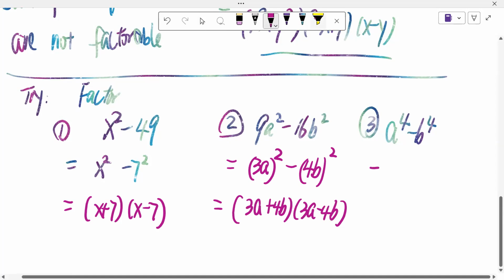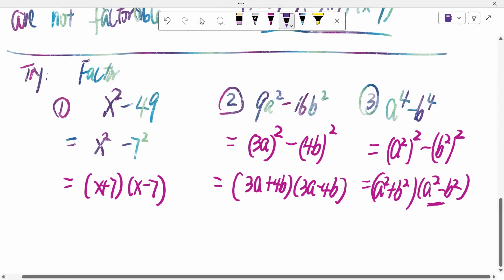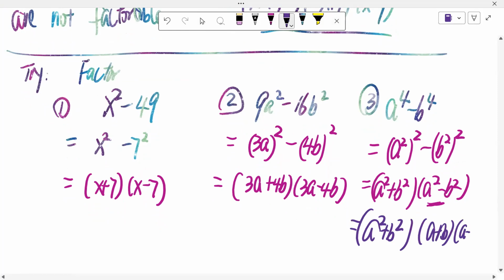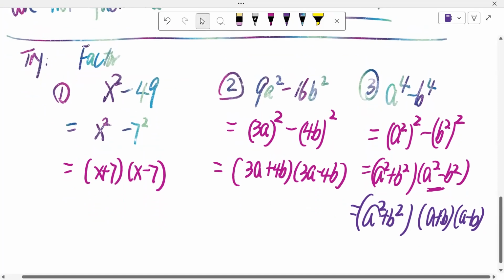And the third one, rewrite a to the fourth as a squared squared minus b squared squared. It's a difference of two squares, so it would be a squared plus b squared, a squared minus b squared. Now that's another difference of two squares, so we factor that one more time. a squared plus b squared stays, and this becomes a plus b, a minus b. Any question about this?